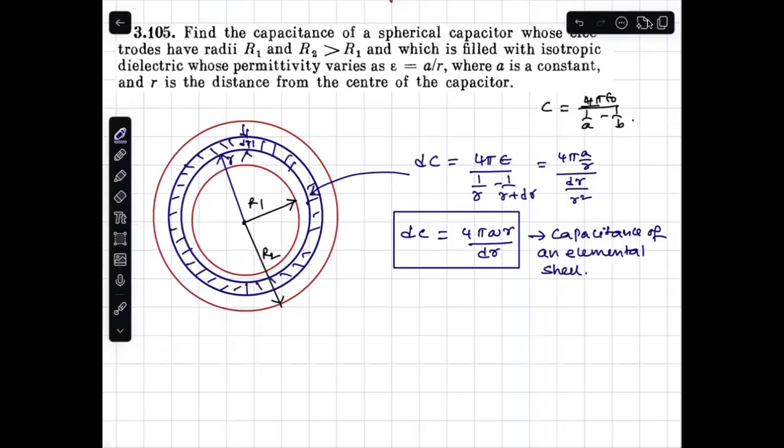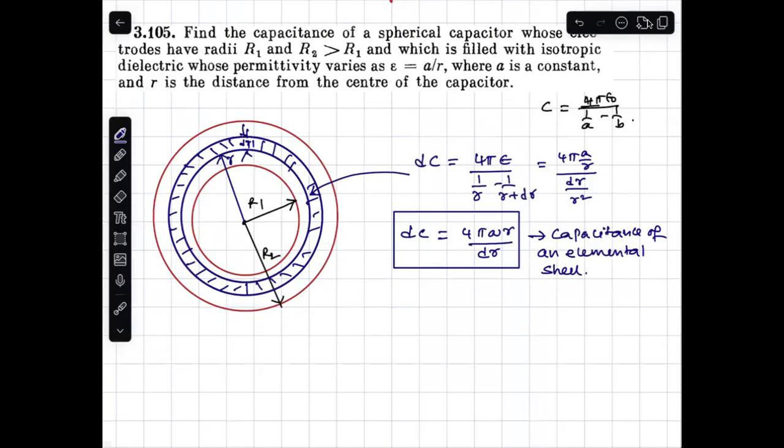Small r is equal to capital R1 to small r is equal to capital R2. Can you please help me? Are they in series or parallel? Series. Sir, how do I know it is in series? Remember, it is the same charge that passed through all these layers. If the same charge is passing through all the capacitors, what nature of connection is that? Series.